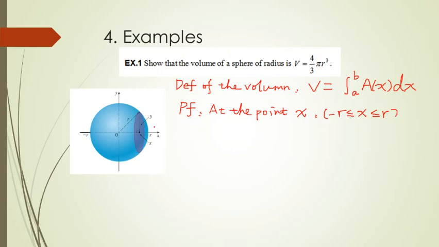So at the point x, we get the cross section region, which is shown in red.